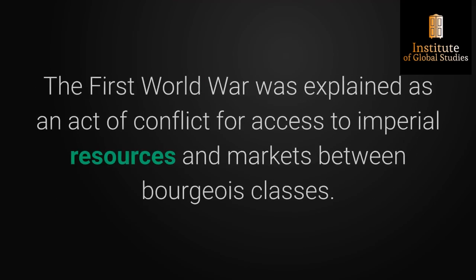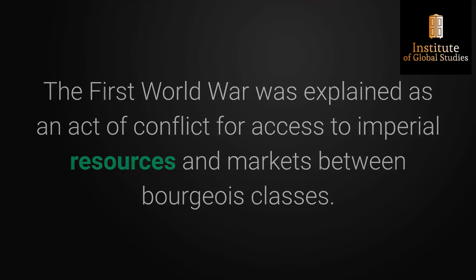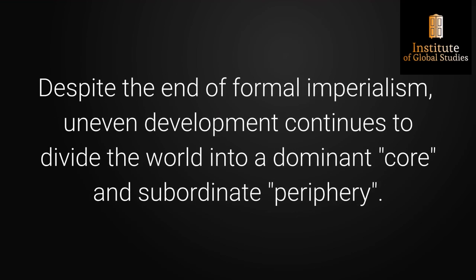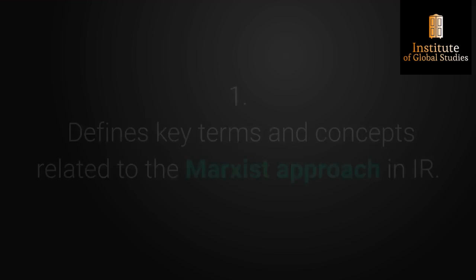The First World War was explained as an act of conflict for access to imperial resources and markets between bourgeois classes. Despite the end of formal imperialism, uneven development continues to divide the world into a dominant core and subordinate periphery. What we learned so far. 1.